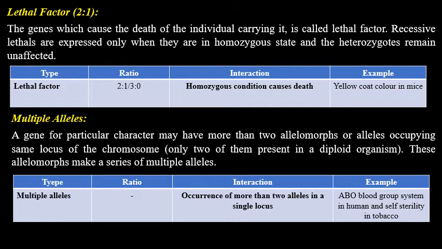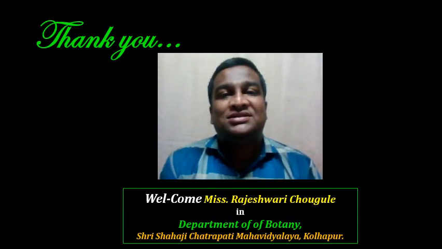These allelomorphs make a series of multiple alleles. In multiple alleles, more than two alleles occur at a single locus. The examples are the ABO blood group system in humans and self-sterility in tobacco. This is all about gene interactions.